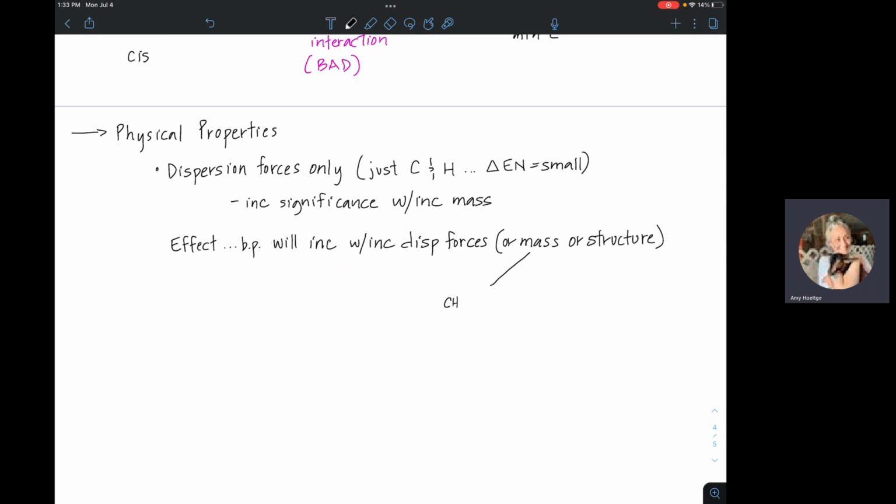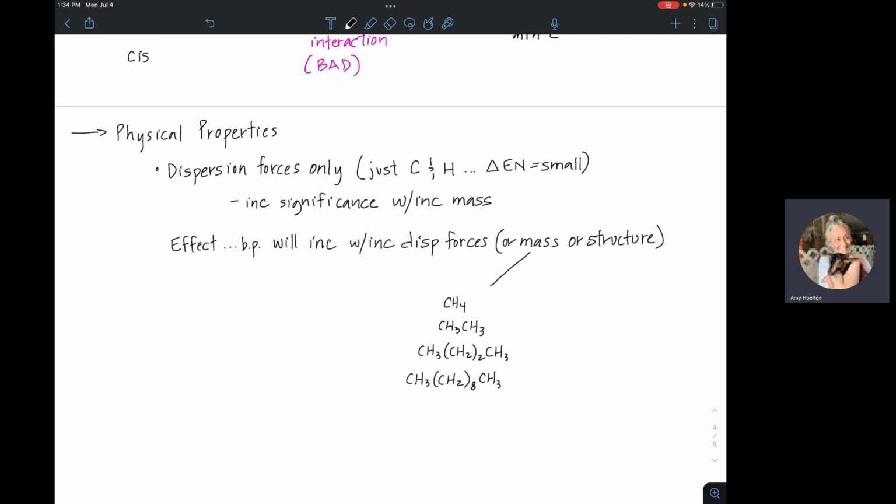We could have methane versus ethane versus, say, butane. Or I guess we could also include this one, get a big one in there. We're not changing the intermolecular forces of attraction. We're just making them more or less significant by adding mass, right?